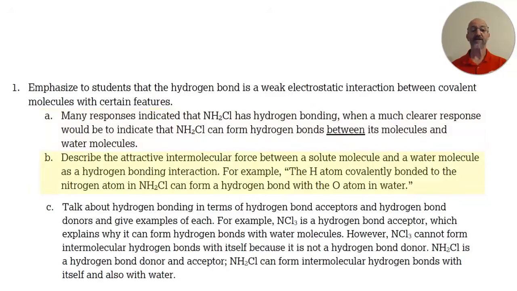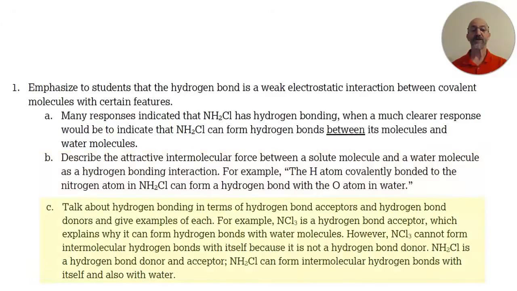Describe the attractive intermolecular force between a solute molecule and a water molecule as a hydrogen bonding interaction. Try to avoid just saying bond. It sounds like you're talking about chemical bonds when you do that. So say hydrogen bond attraction or interaction. The H atom covalently bonded to the nitrogen atom in NH2Cl can form a hydrogen bond with the O atom in water. That's very clear on the between molecules approach.